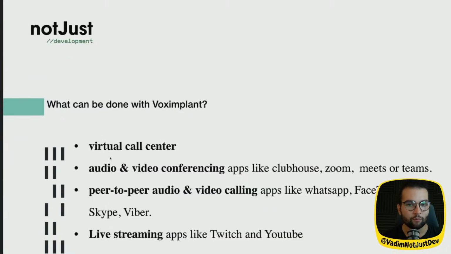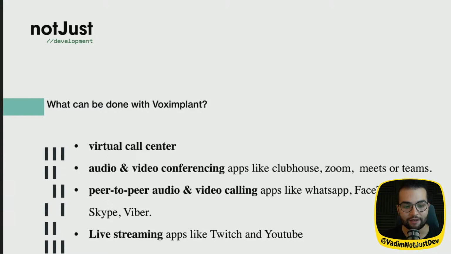So more specifically, what can be done with Voximplant? I listed here a couple of use cases, starting with a virtual call center, where you can have your operators on a web page and answering the support calls and so on. You can also build audio and video conferencing applications like Clubhouse or Zoom or Google Meet, Teams, and any other conferencing application, or a peer-to-peer audio and video calling application like WhatsApp or FaceTime.